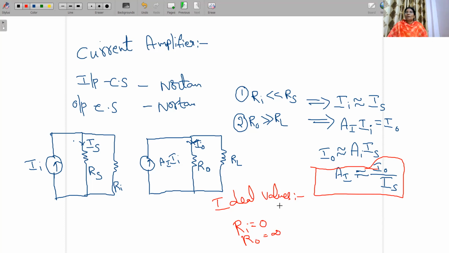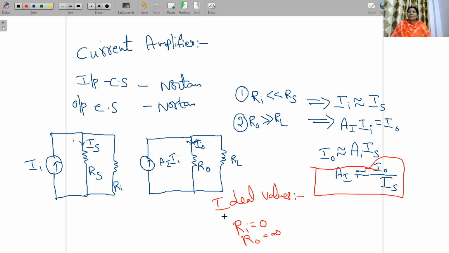So we have to represent this about the current amplifier. The ideal values are Ri equal to 0 and R naught equal to infinity. So these are the ideal values of the current amplifier.